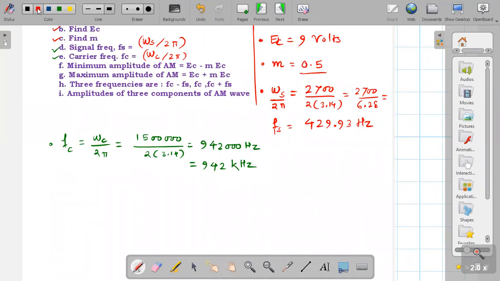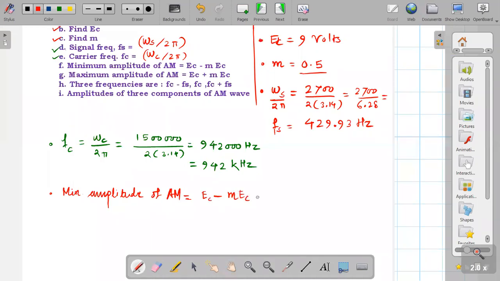Now I will use a different color. Next is minimum amplitude of m, equal to Ec minus m Ec.